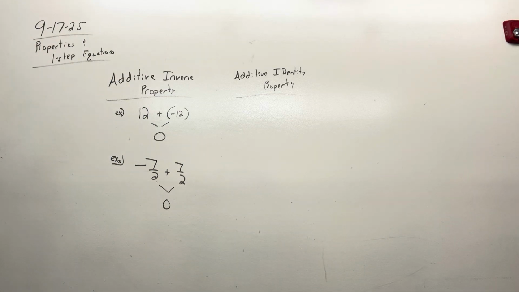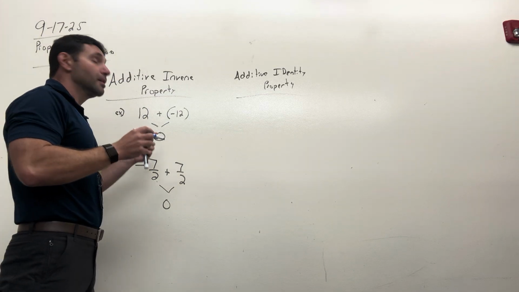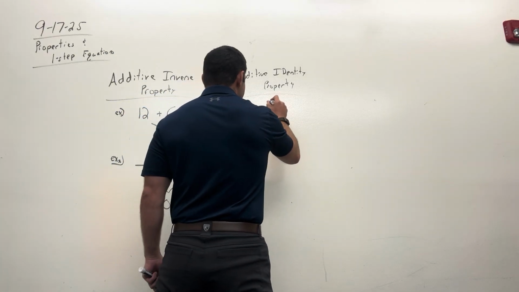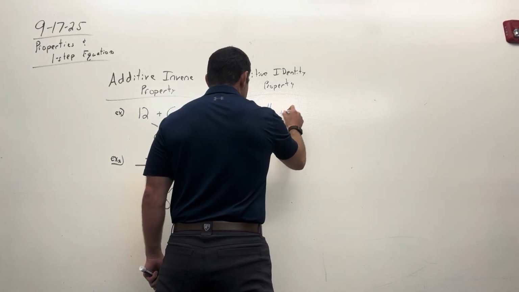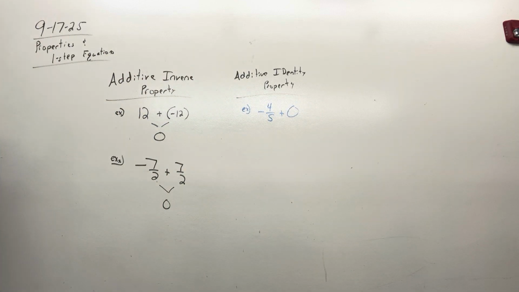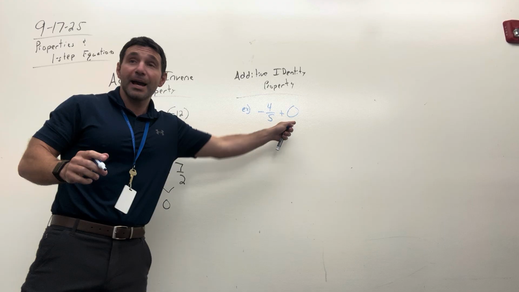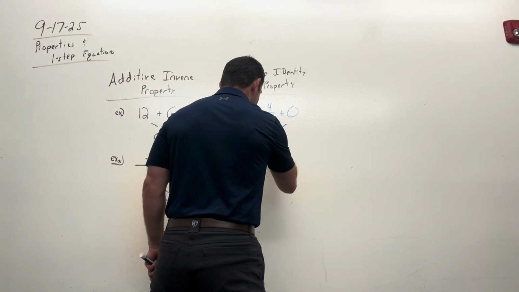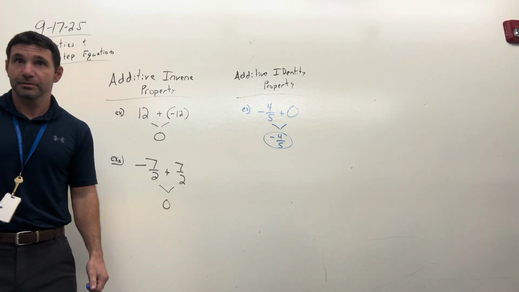The additive identity property says, okay, well, let's say I have a negative 4/5 plus 0. If I have this and I'm adding it to 0, I still have the negative 4/5.